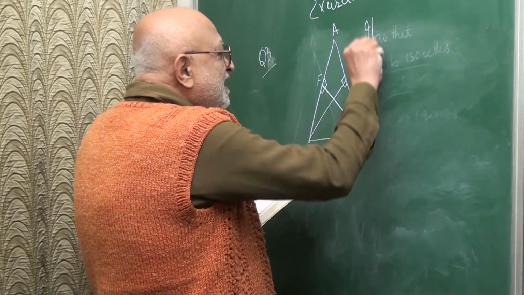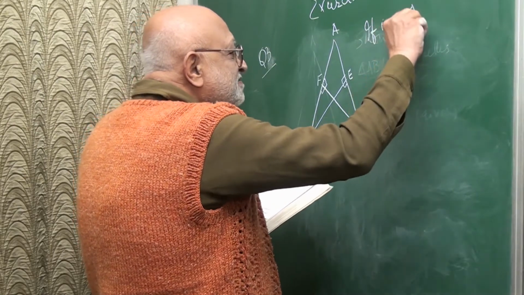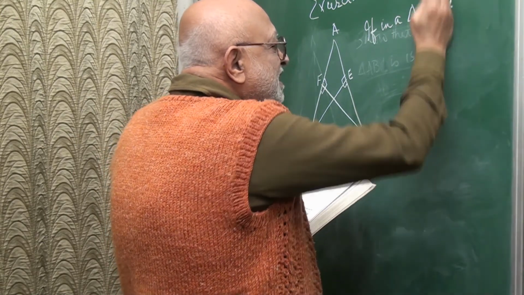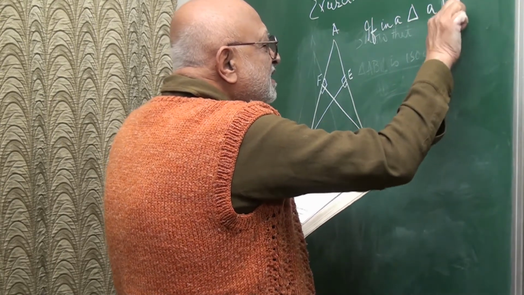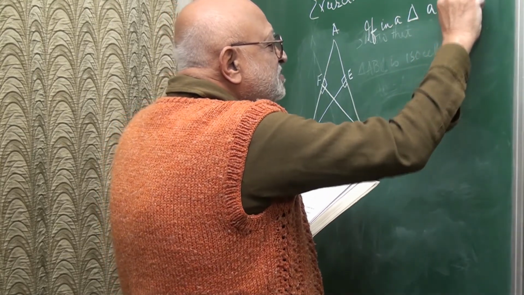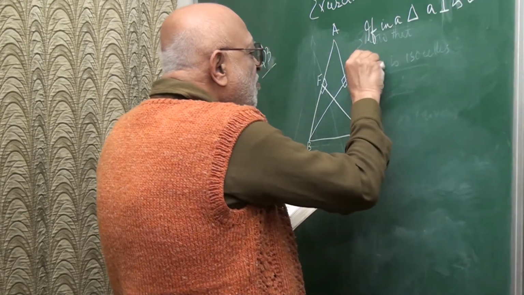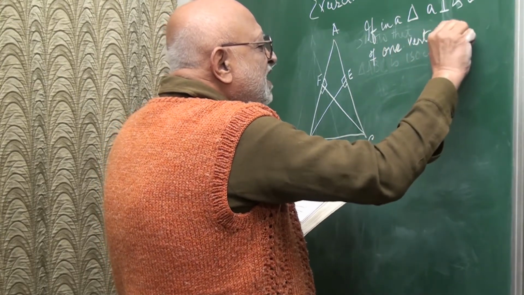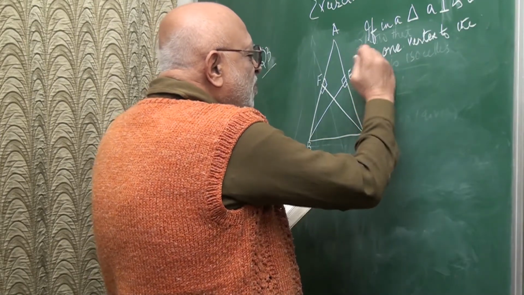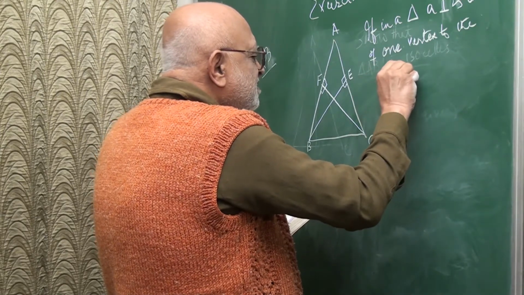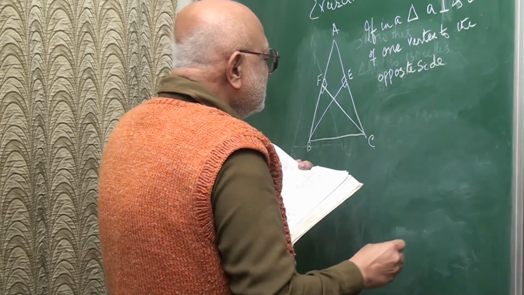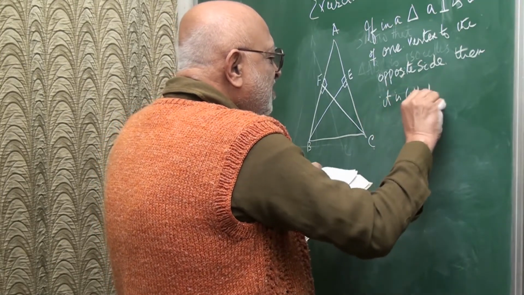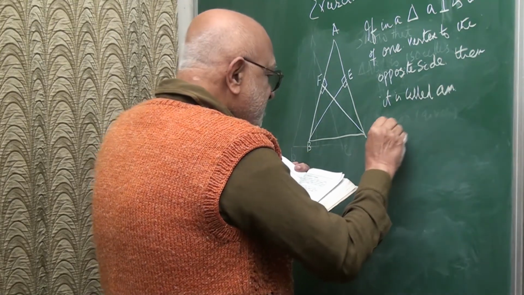If in a triangle a perpendicular is drawn from one vertex to the opposite side, then it is called an altitude.